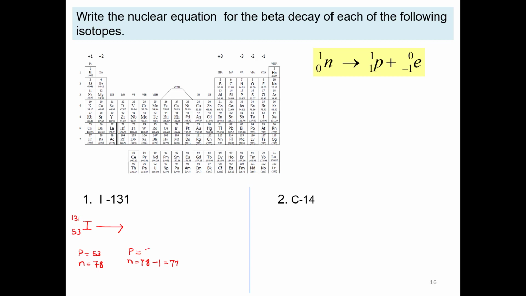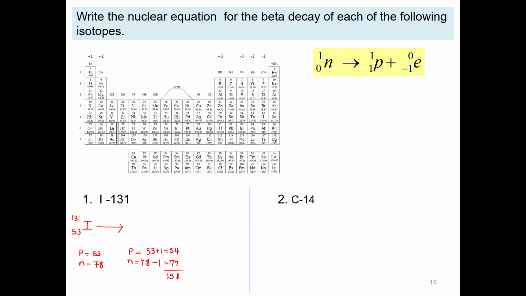Then it will be 53 plus 1, the total will be 54. Then let's find the mass number. If we add the number of protons and neutrons, the mass number of the isotope in the product, if we add these two numbers, we have 131.